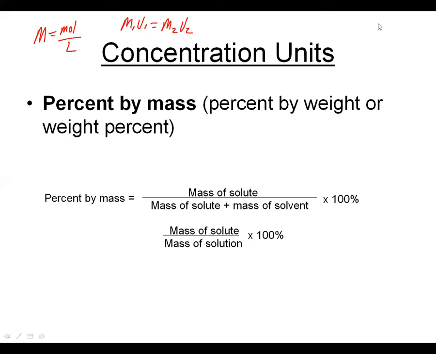Remember that if you do multiply milliliters times molarity, what you get is not moles, but you do get millimoles. And again, you would need to divide by milliliters. So in the dilution equation, we can leave the volume in milliliters on both sides.